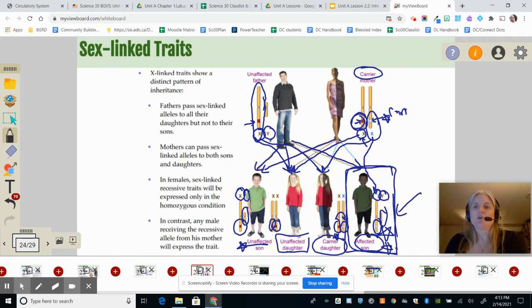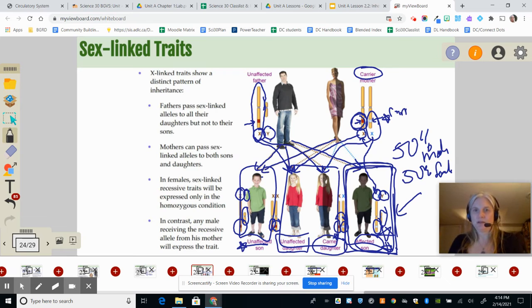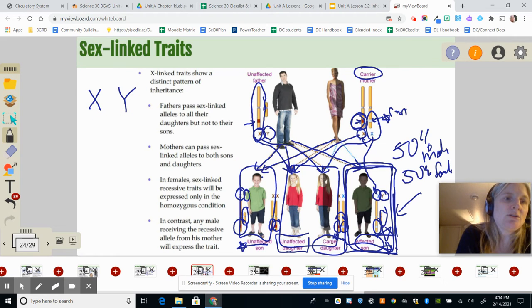Every time you do a Punnett square, you are going to get a 50% chance of having a male and a 50% chance of having a female. Why is that? Well, the man's gametes are X and Y, and the female's gametes are X and X. You do a Punnett square here.